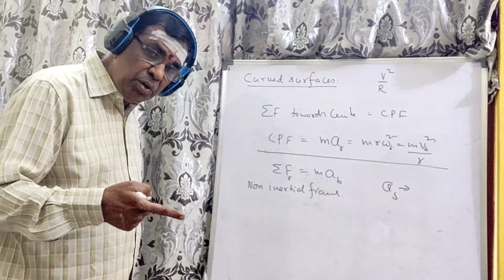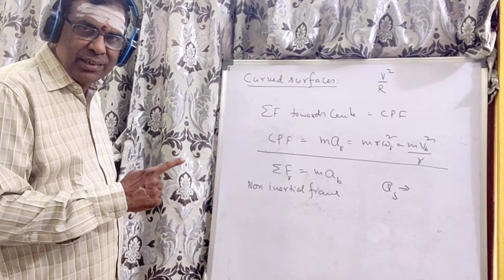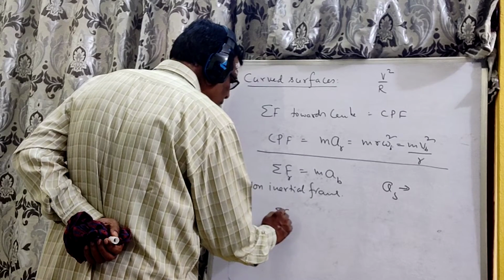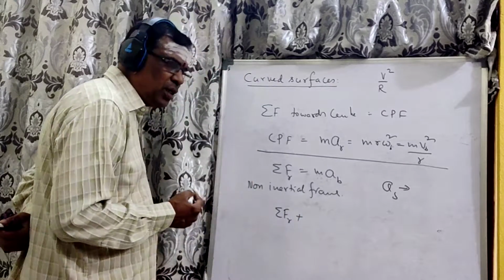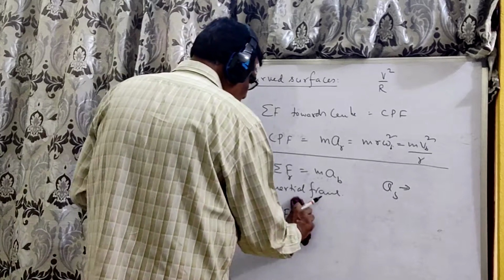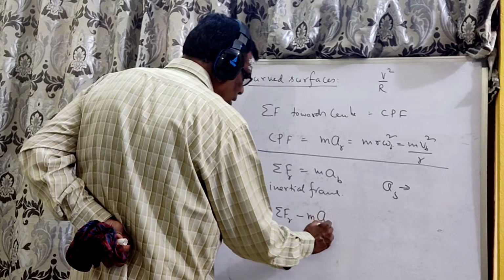Presumed to act on the body: minus m a_s, opposite direction, right? So, sigma F real plus, what is that force you are adding? Opposite. So, I am putting minus m a_s.